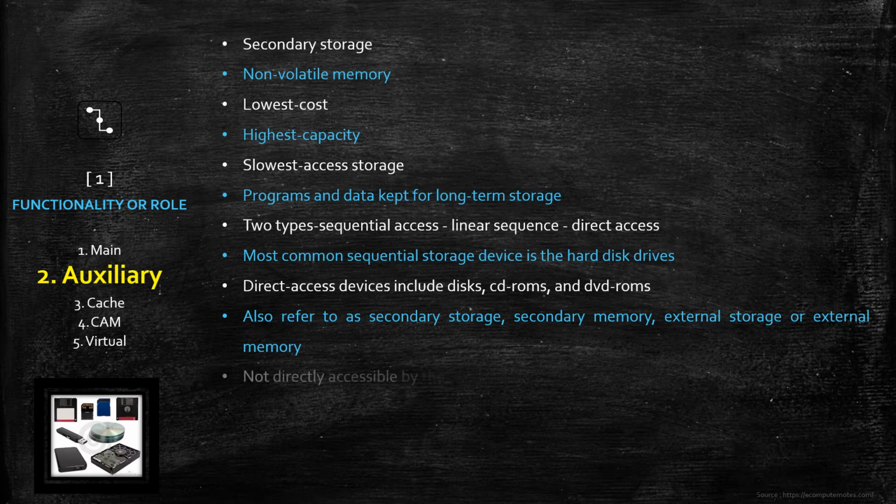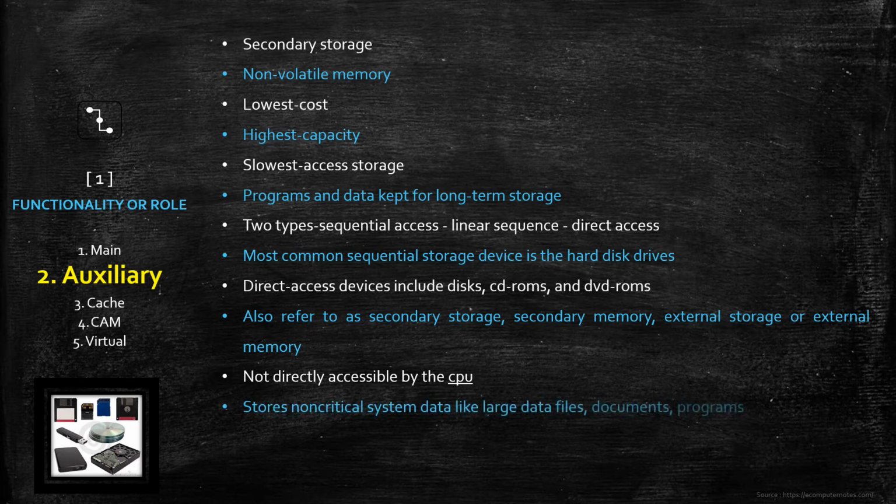One more thing: the auxiliary memory is not directly accessible by the CPU because it is a little bit far, and in between the auxiliary or secondary memory and the CPU there are other memories like main memory and cache, so it is not directly accessible by the CPU. So what happens?